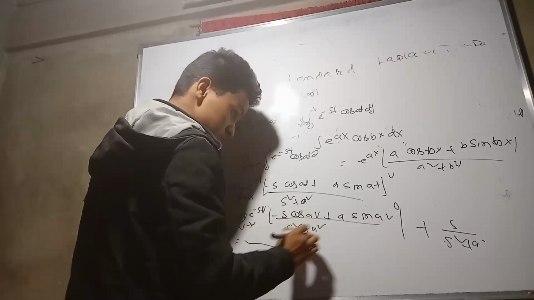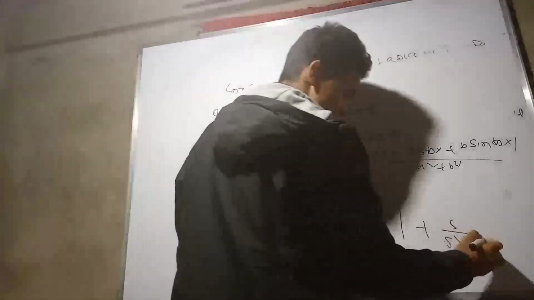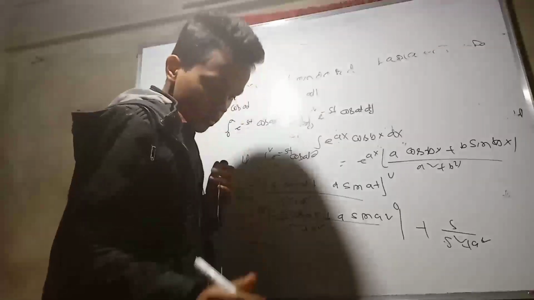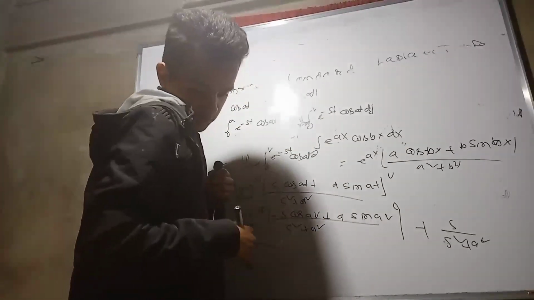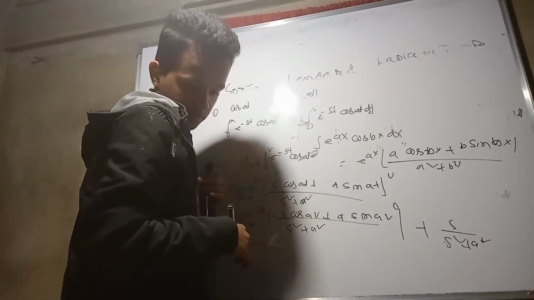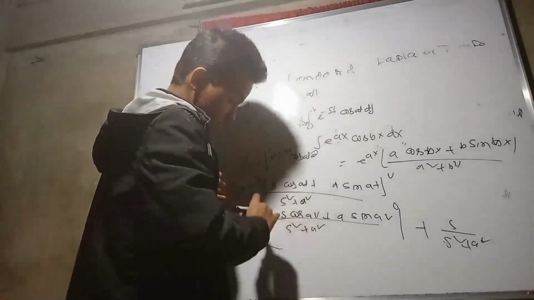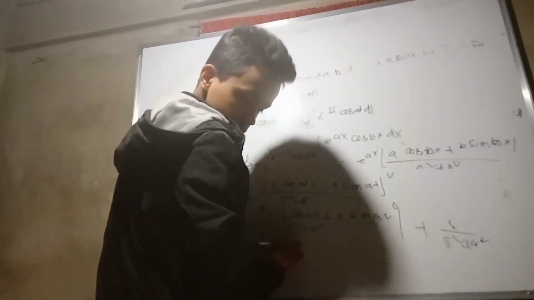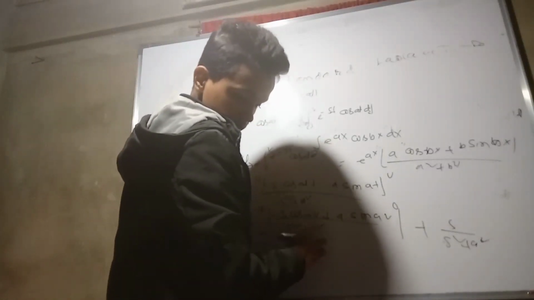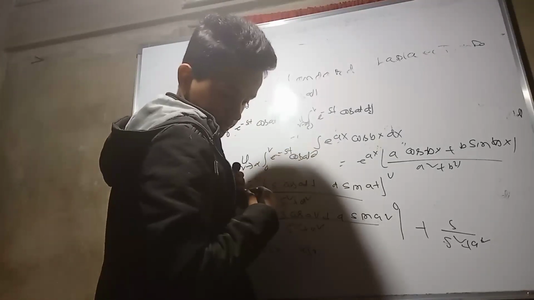When we take this limit, that gives us s by s squared plus a squared, for s greater than or equal to 0.